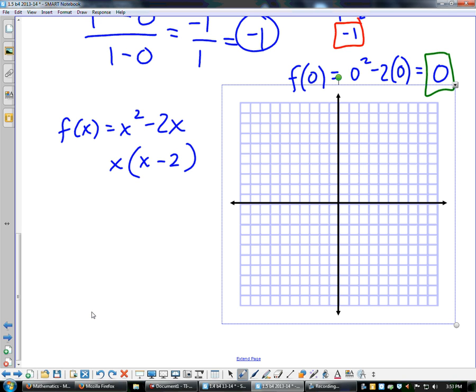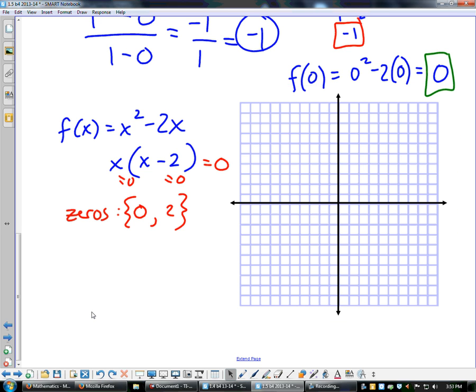To find the zeros, I would set each of these parts equal to 0 because it's already factored. I would get zeros at 0 and at 2. If I plot those, the graph would be somewhat looking like this. It's opening up, it's a parabola.